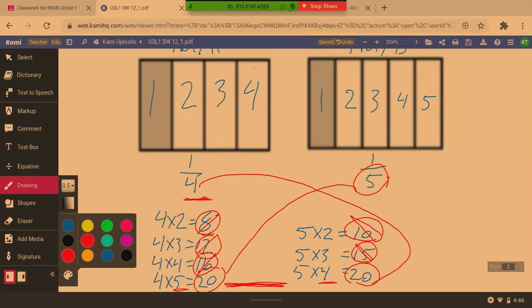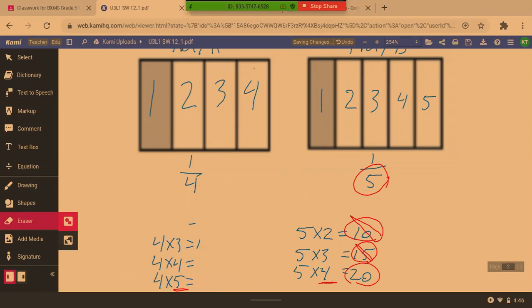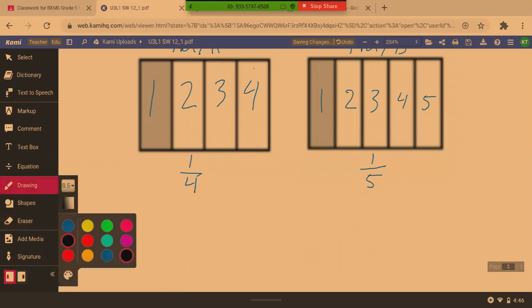So let's manipulate these fractions to get the denominator 20. That is the common denominator. I am manipulating these fractions so they can have a common denominator. So let's begin with 1/4.